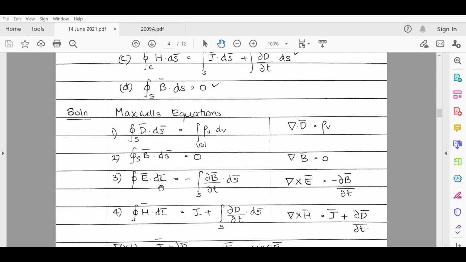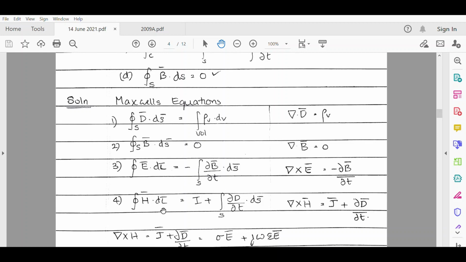And in the third Maxwell's equation, the line integral of the electric field intensity is equal to negative of the surface integral of the partial derivative of magnetic flux density with respect to time, or in point form the curl of the electric field intensity is equal to the negative time derivative of magnetic flux density.